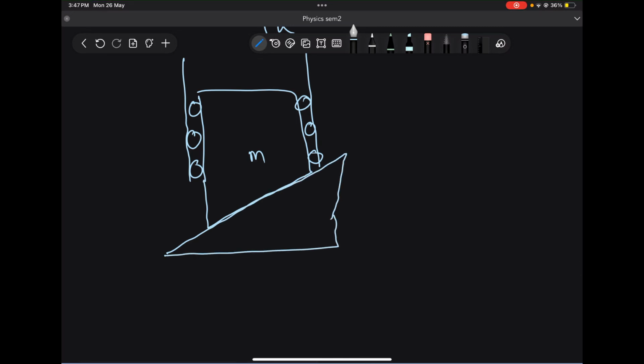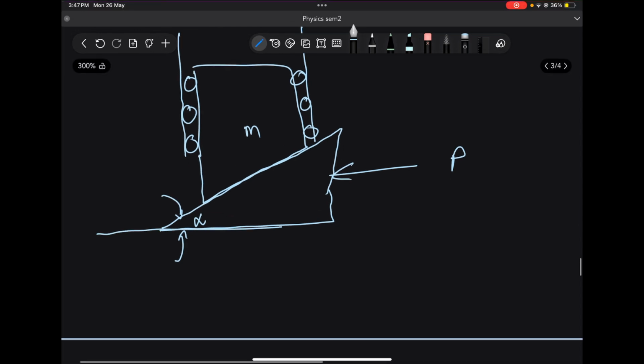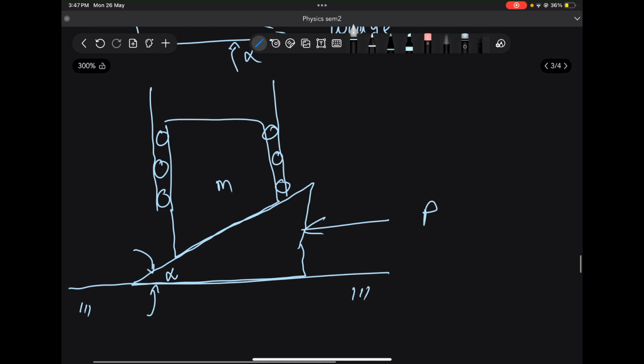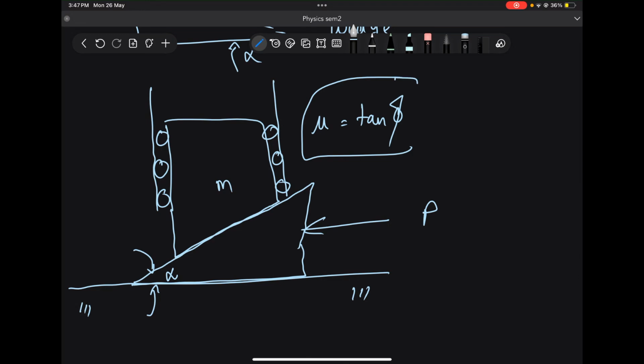Something like this, which has an angle alpha. A force P is applied for the wedge to stay in place, and this wedge lies on a ground like so. Now it is given that the coefficient of friction mu is equal to tan some angle phi. This is something which you are expected to know from class 12.